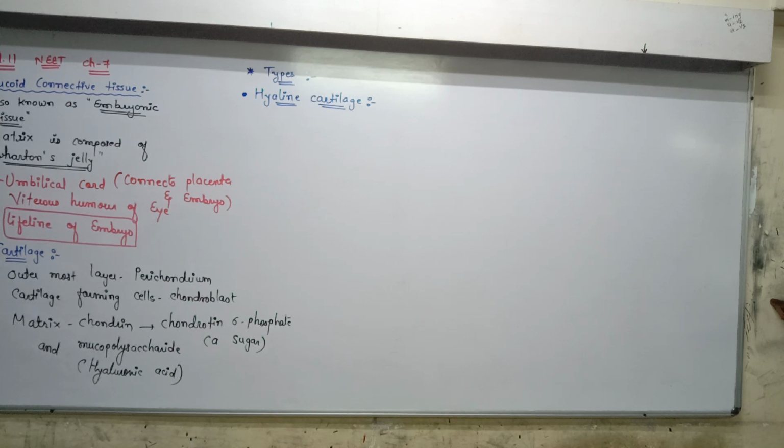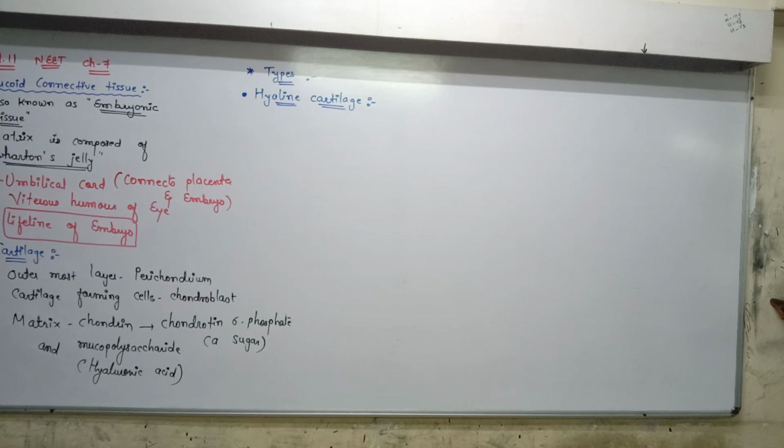So the first 1 to 7 ribs are directly connected to the sternum by these costal cartilages. That's why these 1 to 7 pairs are known as true ribs.